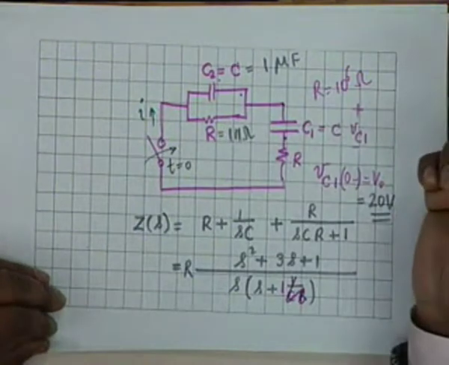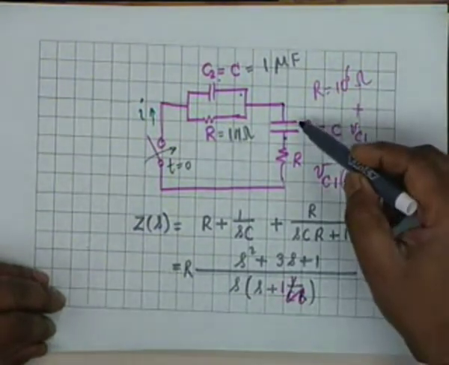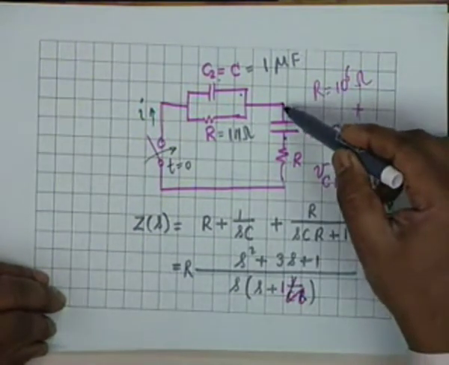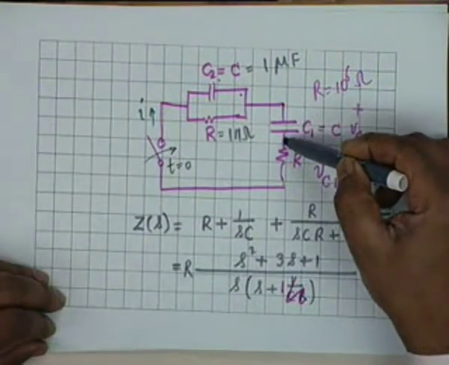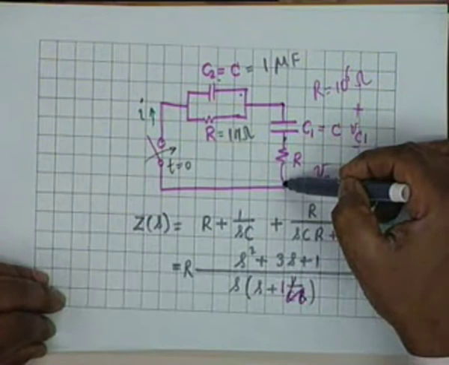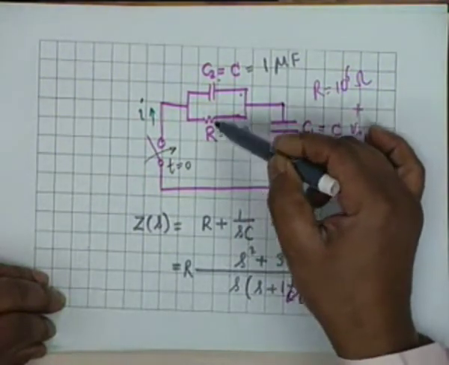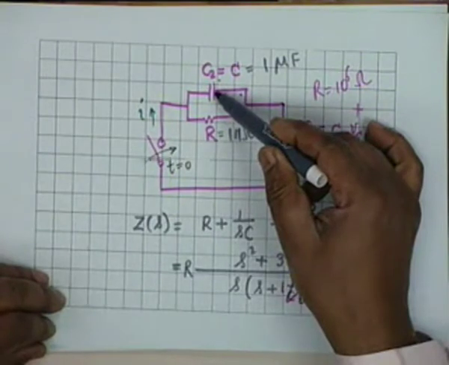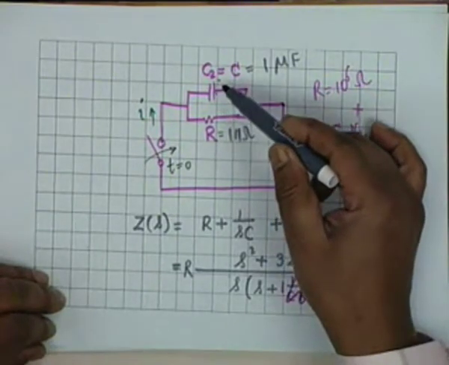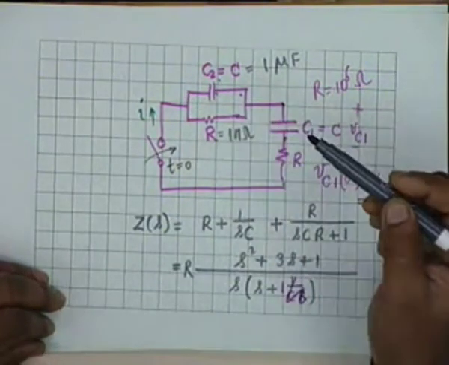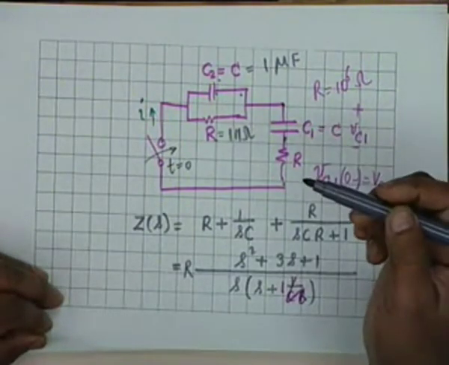At t equal to 0 plus, what does this capacitor C1 see? It sees a resistance R and an R, but paralleled by an uncharged capacitor. What is the voltage difference across an uncharged capacitor? Zero.